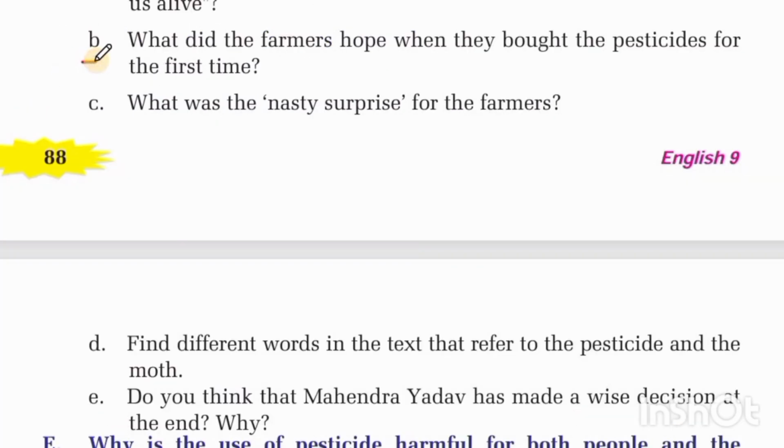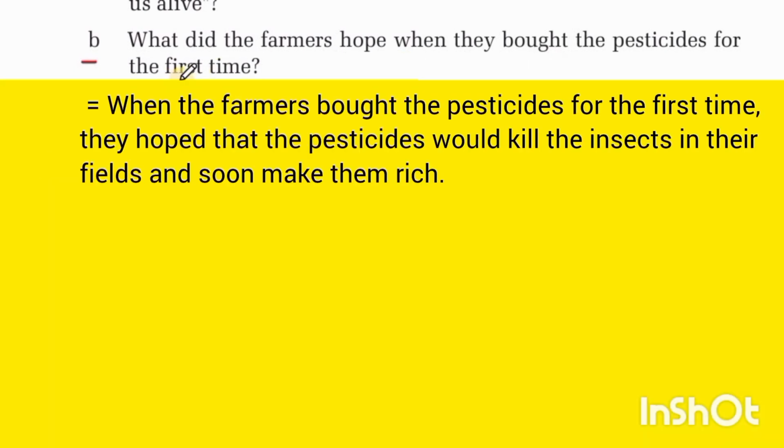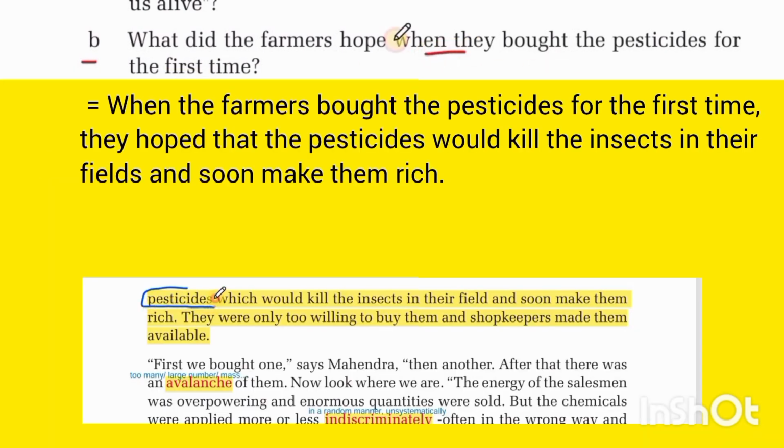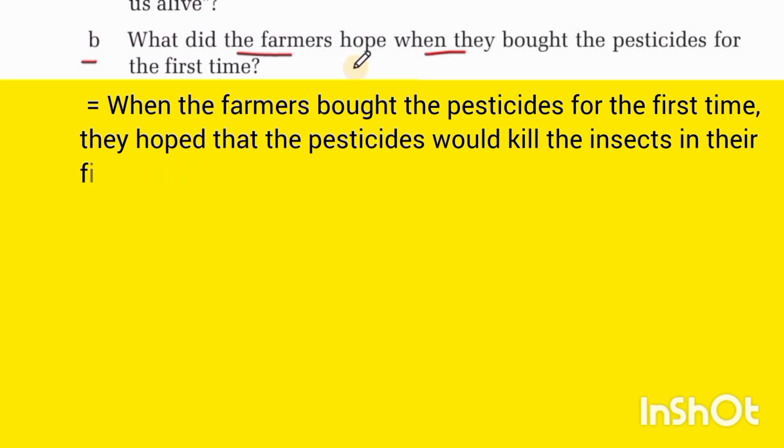Question B. What did the farmers hope when they bought the pesticides for the first time? Possible answer. They hoped that the pesticides would kill the insects in their fields and soon make them rich.